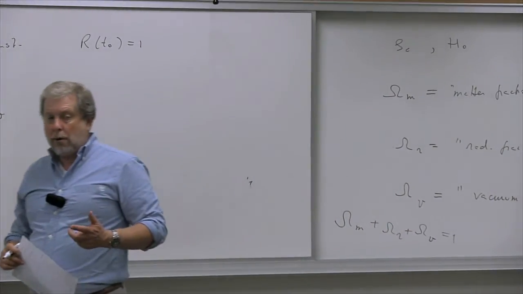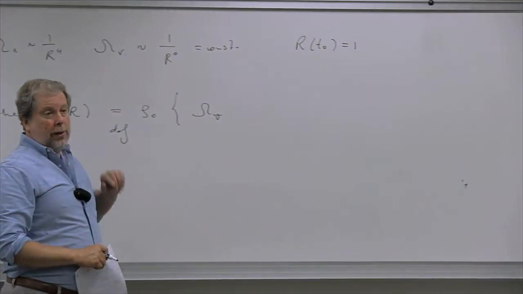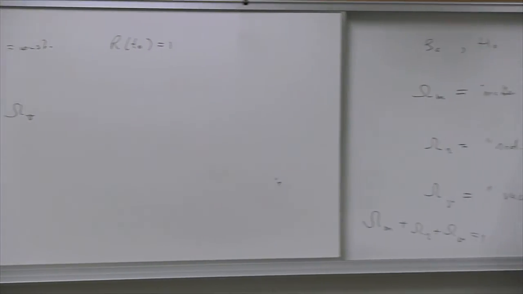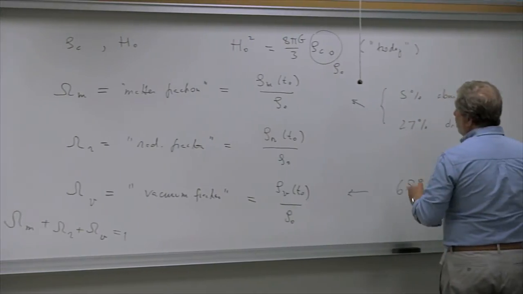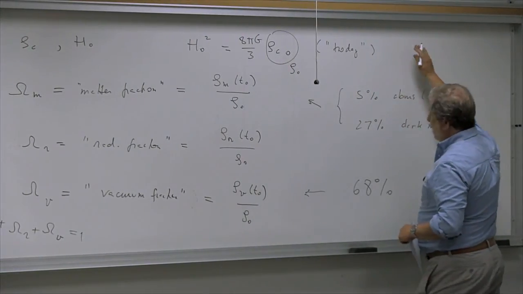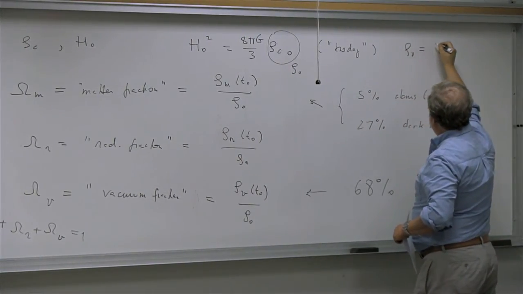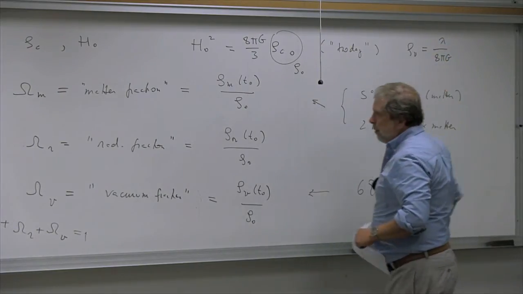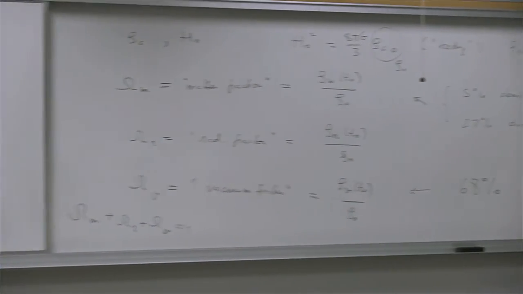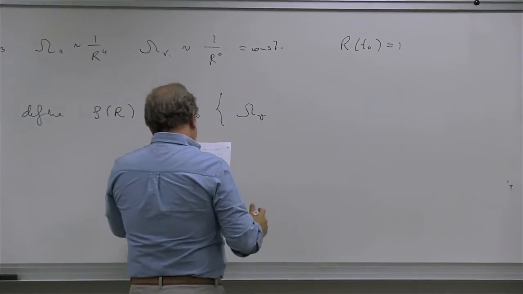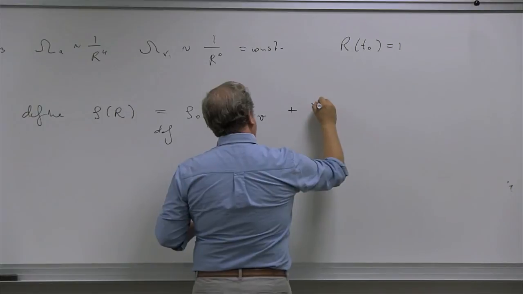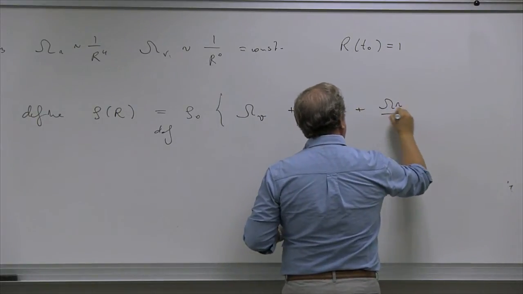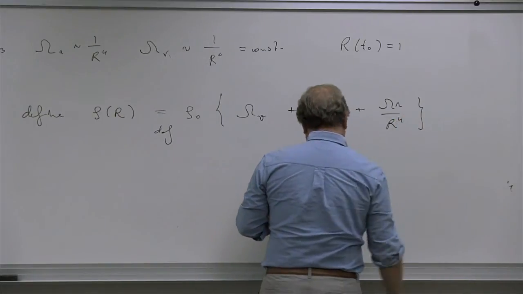In fact, it's kind of a trivial rewriting, because rho v is equal to lambda divided by 8 pi g, so that is a constant. And then you can write it as plus omega, the matter part divided by r cubed, and the radiation part divided by r to the 4th.